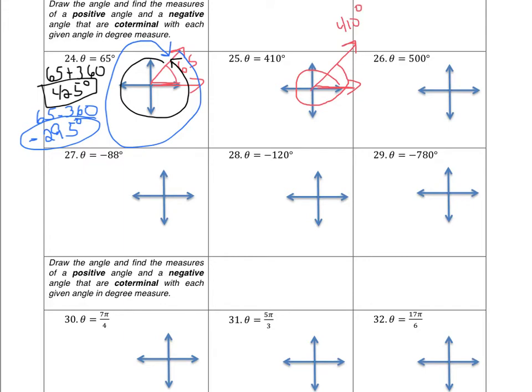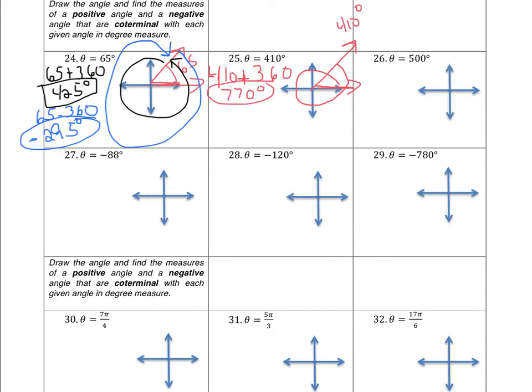Now if we want to get another positive angle, we can add or subtract because we actually went by 360, so we could add or subtract. I want to get in the habit of adding 360 for my positive, so I will take 410, add to it 360. So that would be 770 degrees.